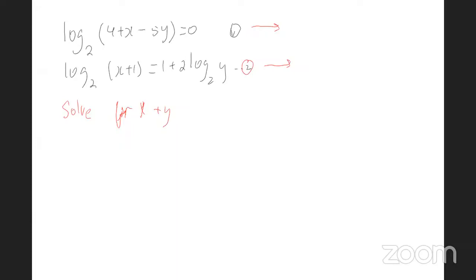So take your time, Kilon. Simplify both equations. So you want to convert to exponential form, both of them. Then solve it simultaneously. So you're trying to get rid of the logs, right?